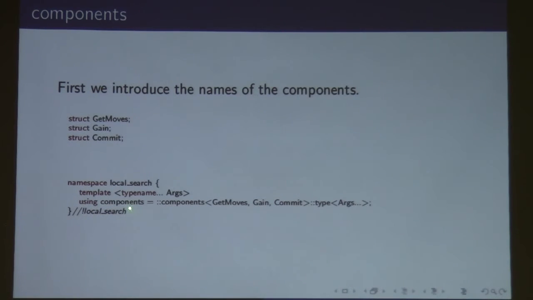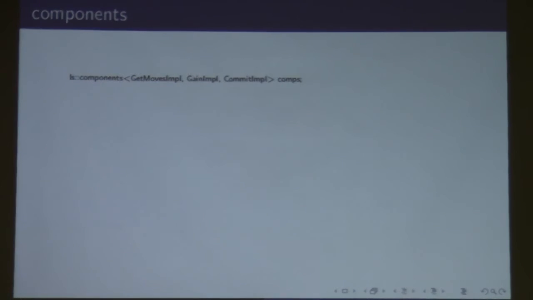So now we've got components in the local search namespace, which does essentially the same as the previous implementation of components in local search, and we are using our generic solution components here. I don't want to explain this line. It's just some variadic templates and some template aliasing. And how can we use it?